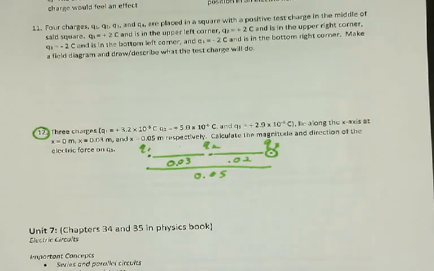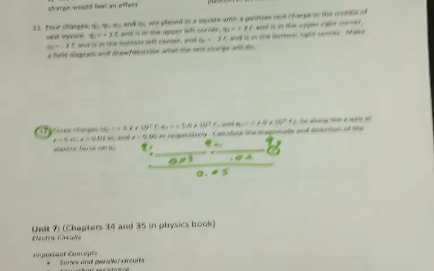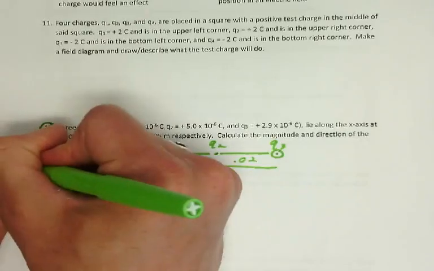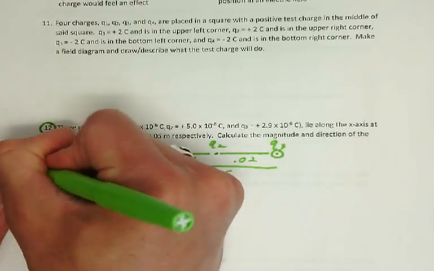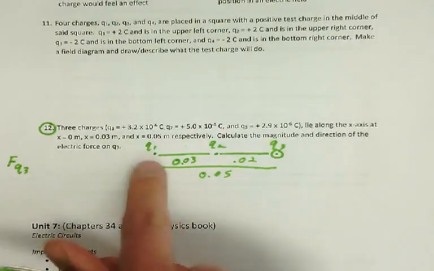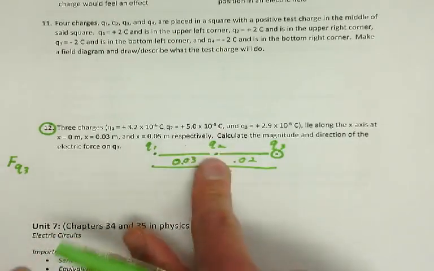Okay, so then what we need to do is figure out the force on Q3. The way we do that is we add all the forces that act on Q3. In this case, there are only 2 forces that act on Q3, from Q1 and Q2.